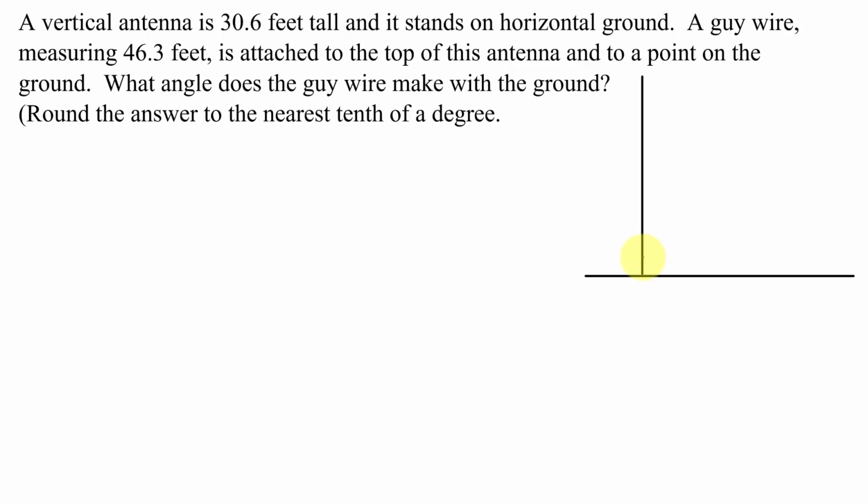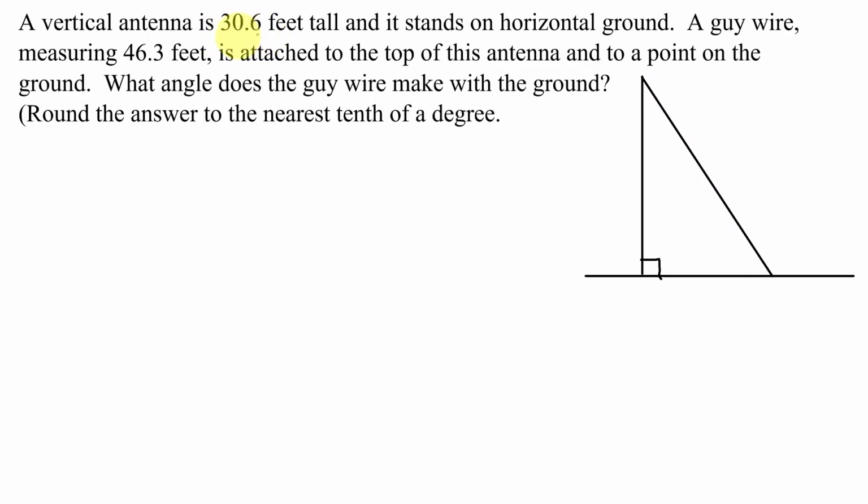They're going to meet at 90 degrees, so I'm going to get a right angle in here. And now I need to draw in the guy wire. It goes from the top of the antenna to a point on the ground. So it's going to start here at the top of the antenna and go to a point on the ground.